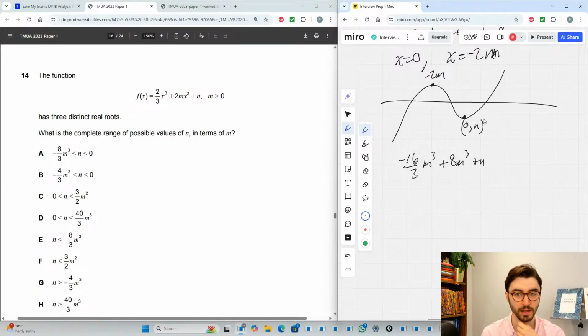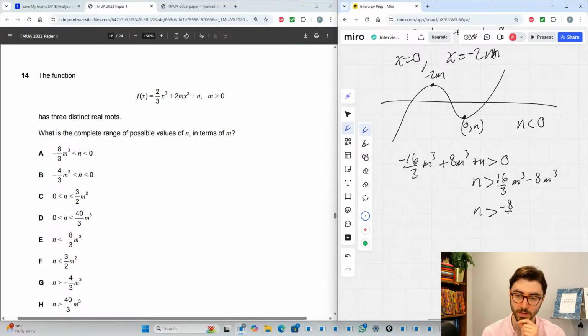And we need it to go like this, so we need n to be negative, and we need this thing to be positive. So we need n to be bigger than 16 over 3 m cubed minus 8m cubed. So we need n to be bigger than 16 minus 24 over 3 m cubed, which is minus 8 over 3 m cubed. So I think the restriction is A.